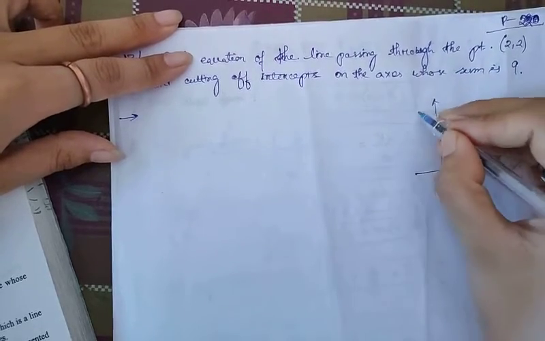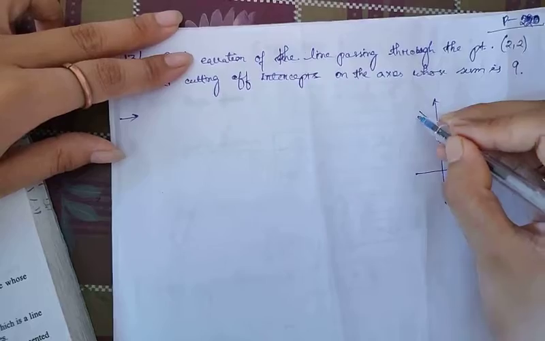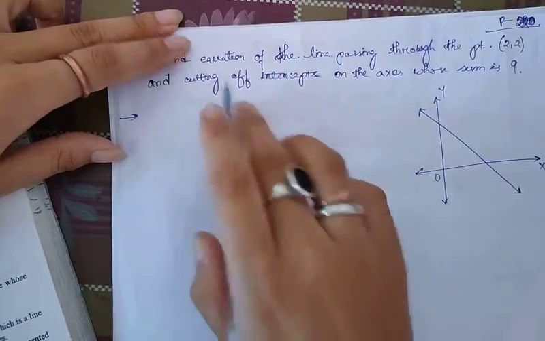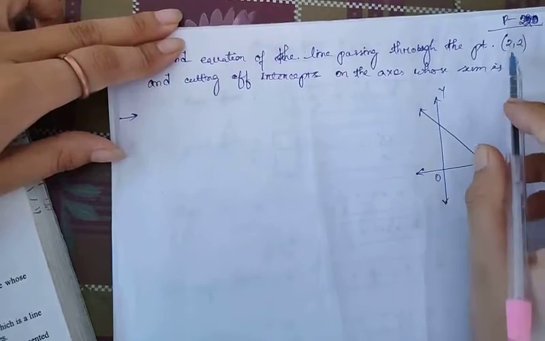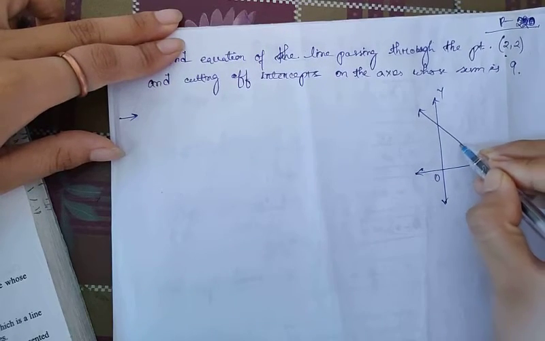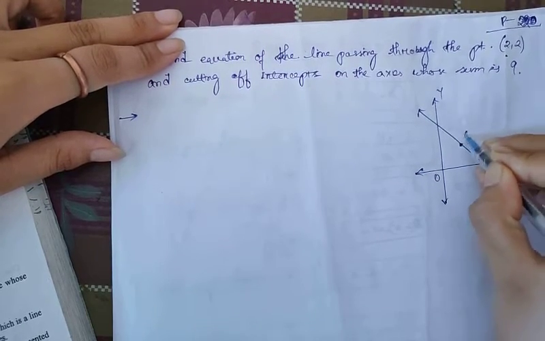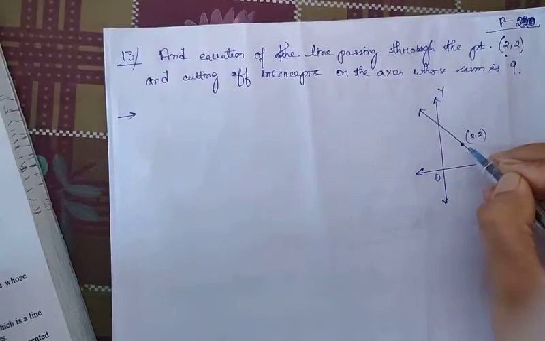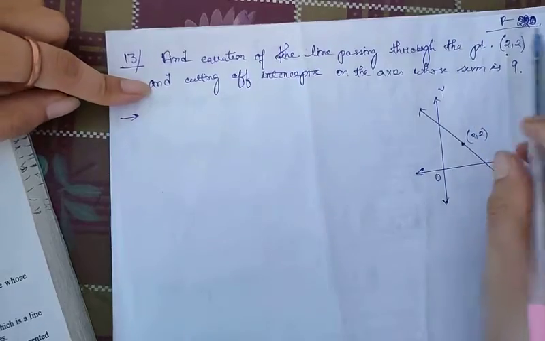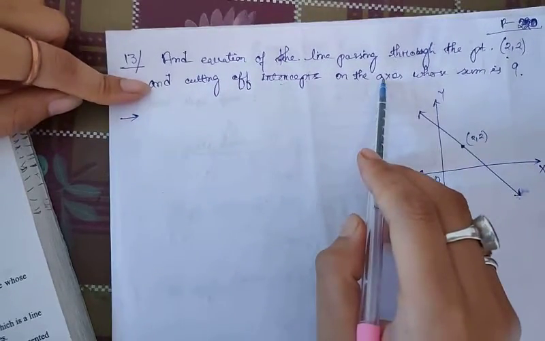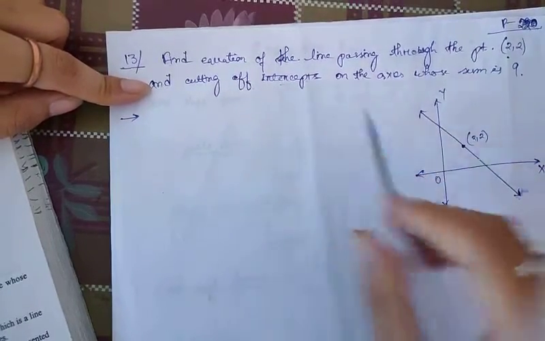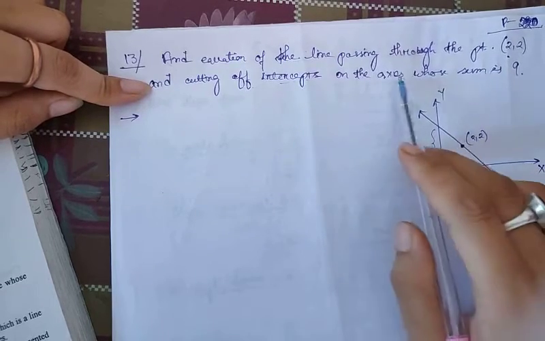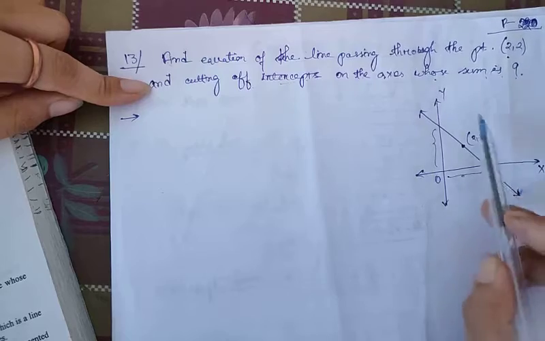Say this is your x-axis, y-axis, this is your origin. You have to find the equation of the line that passes through the point 2, 2. Let's take 2, 2 at an arbitrary position. And the question says it cuts off intercepts on the x-axis and y-axis, this is your x-intercept, this is your y-intercept, whose sum is 9.